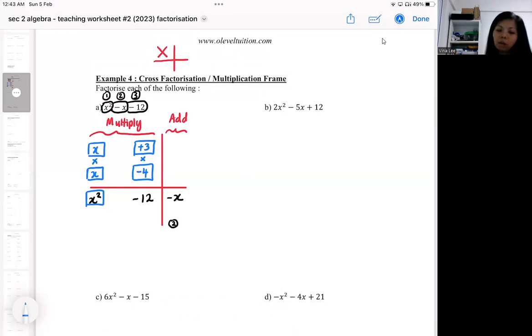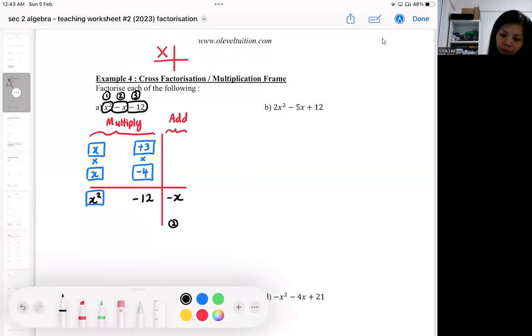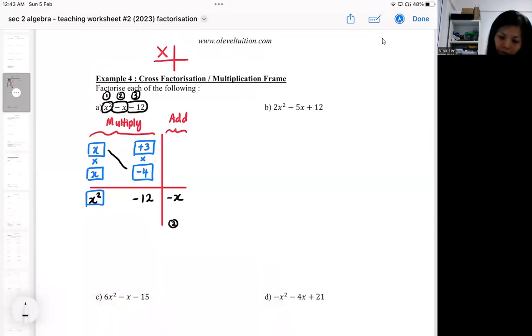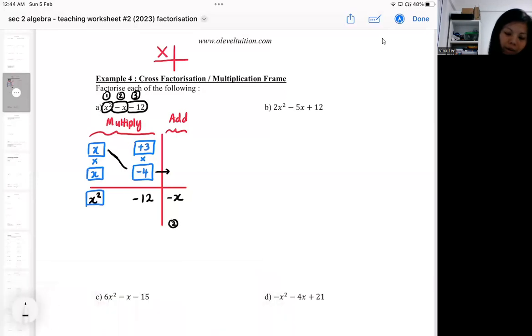But you can only accept it when you do a cross multiplication. So you cross over. Don't forget when you cross, you are still in the multiplication zone. When I say you cross over, you are still multiplying. So you cross over and you multiply.